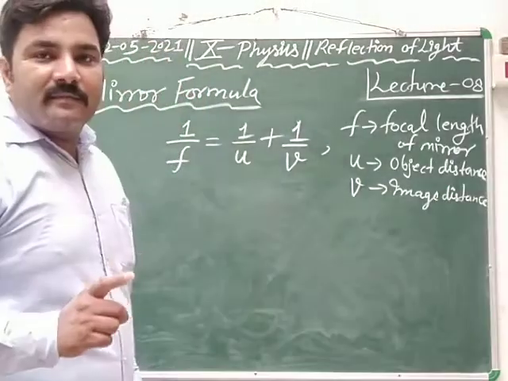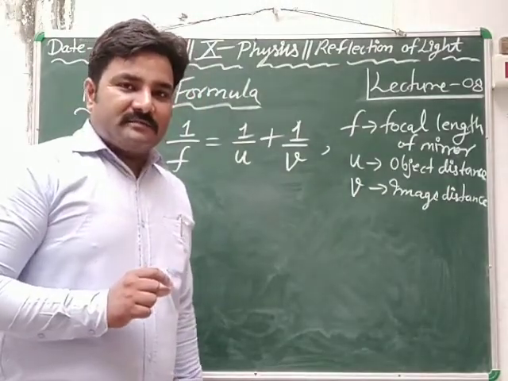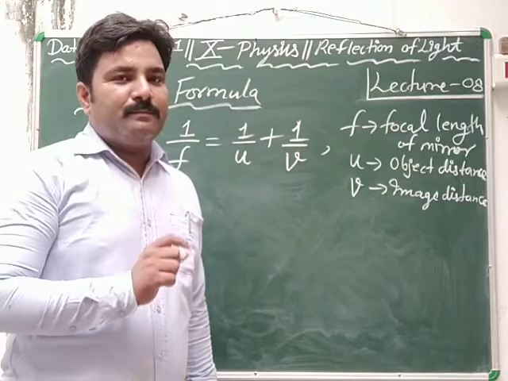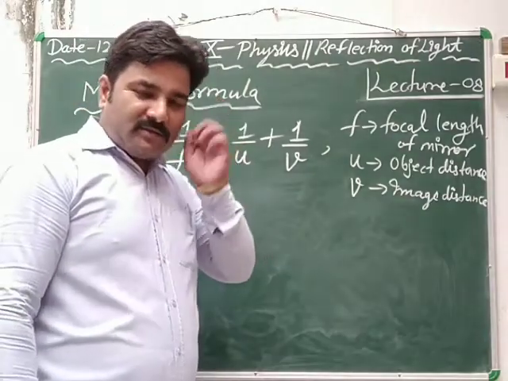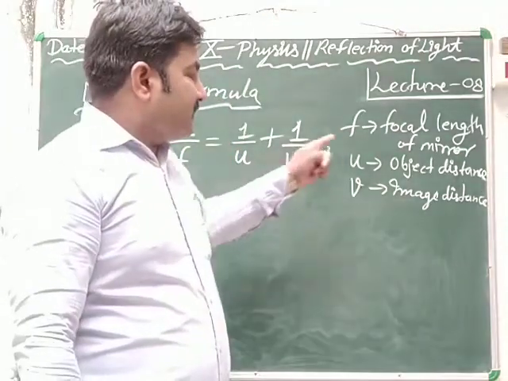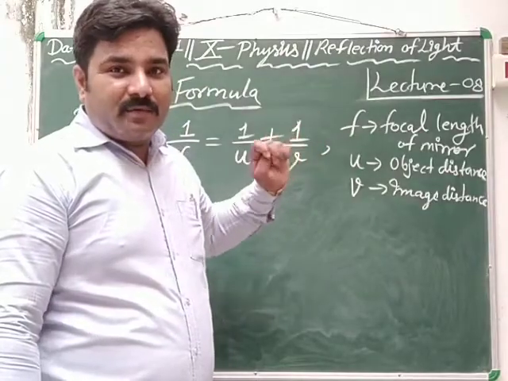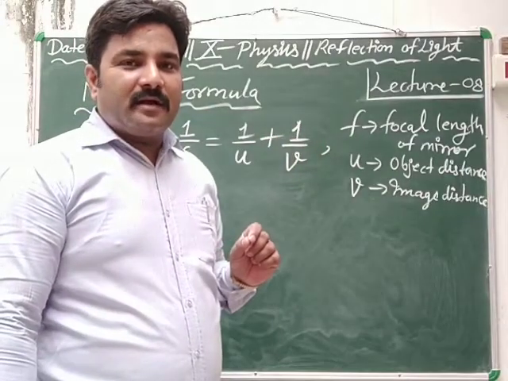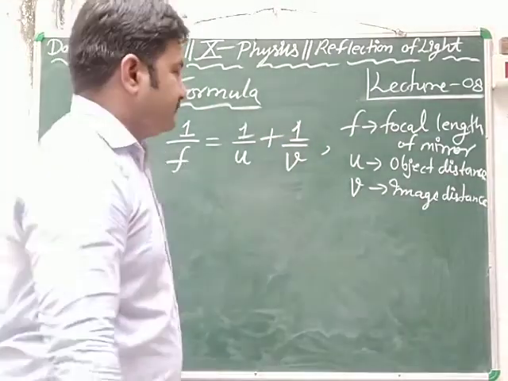Always remember one thing: all the distances are measured from the pole, and two things also: the focal length of a convex mirror is positive and of a concave mirror negative.